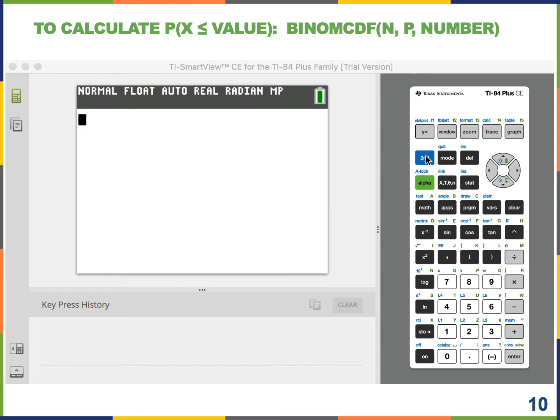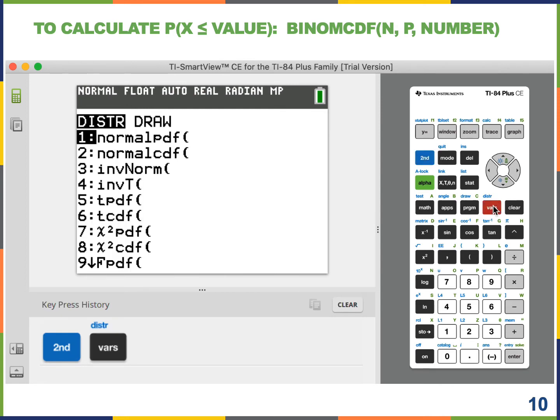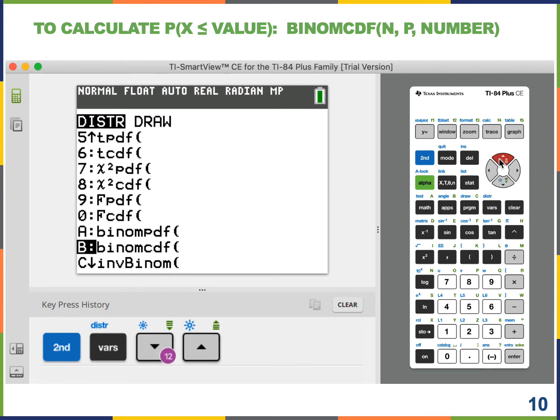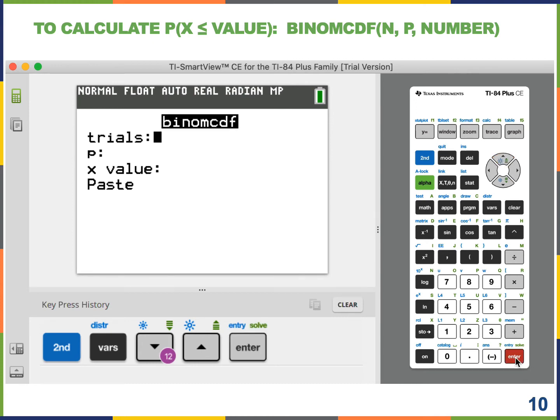So you press the second key, then you go to vars because you want to get the distribution. Then you go down to binomial CDF, this one here, and you hit enter. In our case, the number of trials is 20.